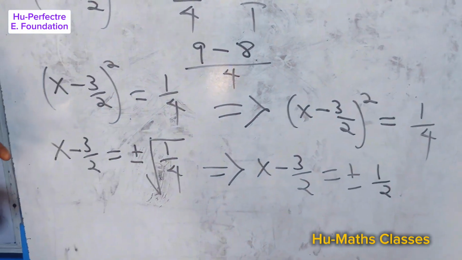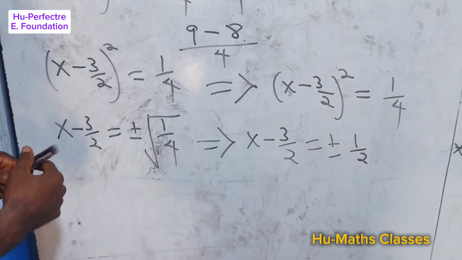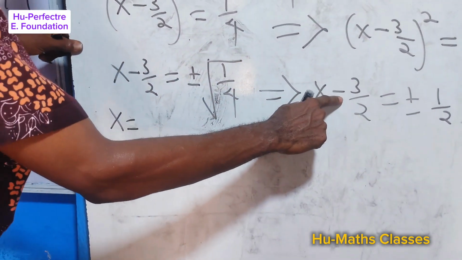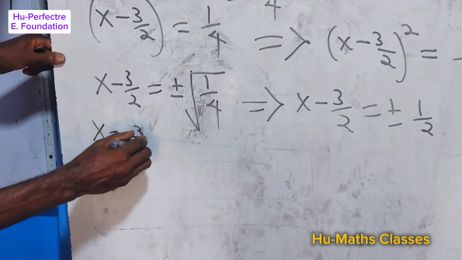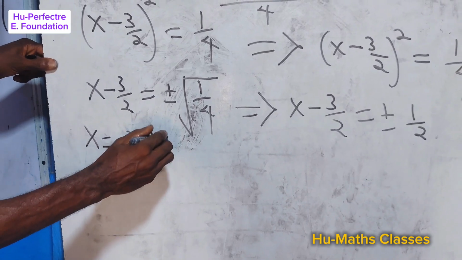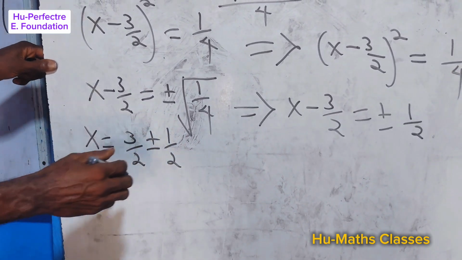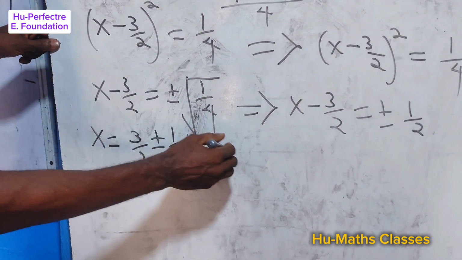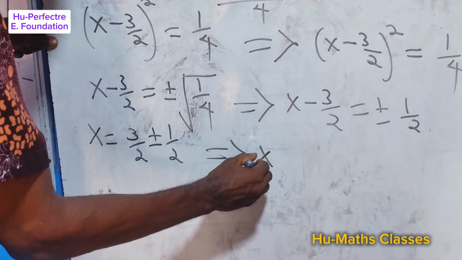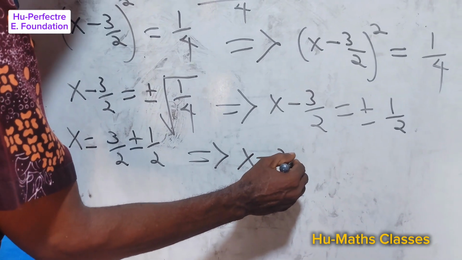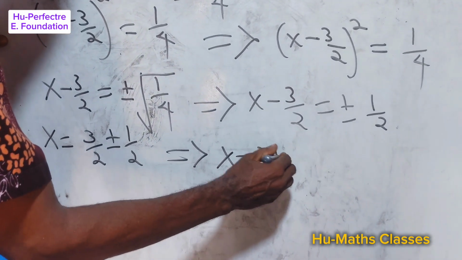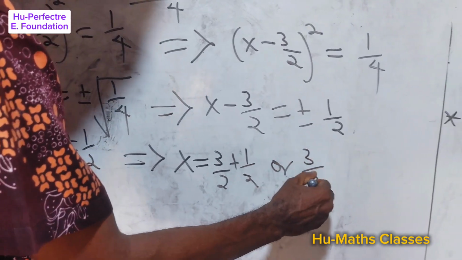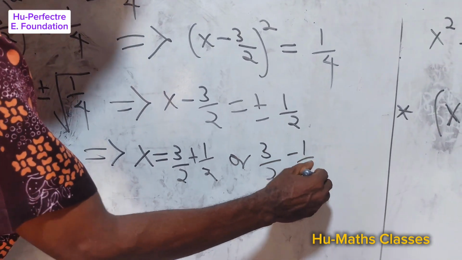Now to make x stand alone as our final result, we'll have x is equal to, if minus 3 over 2 goes to the other side, it becomes plus 3 over 2 plus or minus 1 over 2. So in this case, we have to solve for x in two ways, in plus form and in minus form. This implies that x is equal to 3 over 2 plus 1 over 2, or 3 over 2 minus 1 over 2.